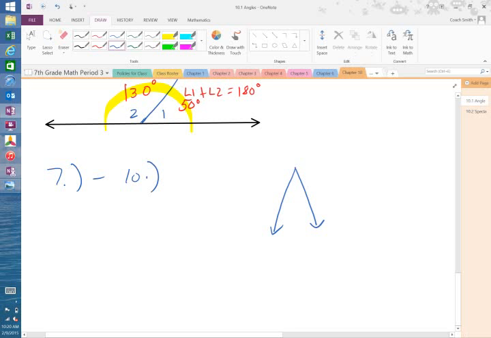Understand that angles can be sitting any way. They can go any direction. Just because they're sitting a certain way doesn't make them a certain angle. What makes them their angle is how big the space is between the two rays. That's the whole point.